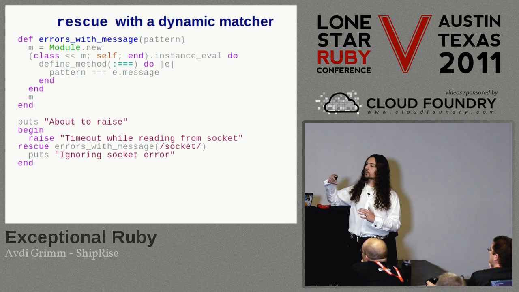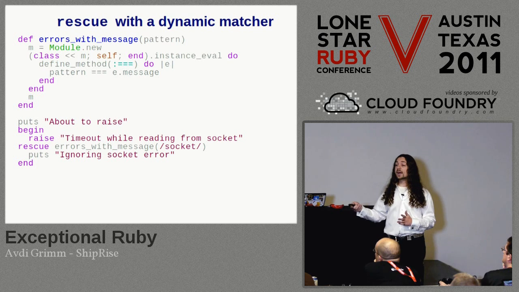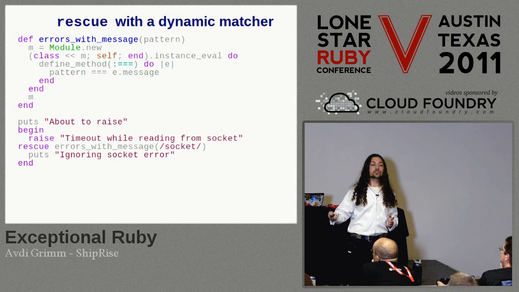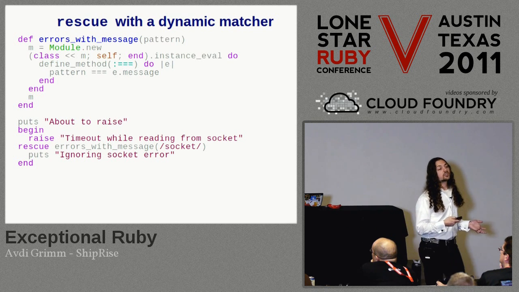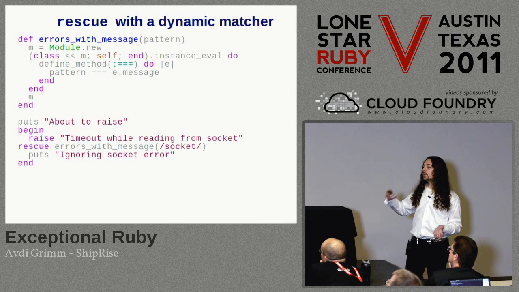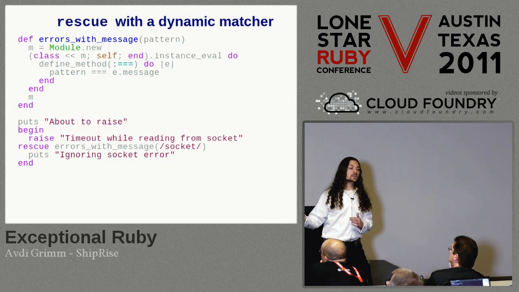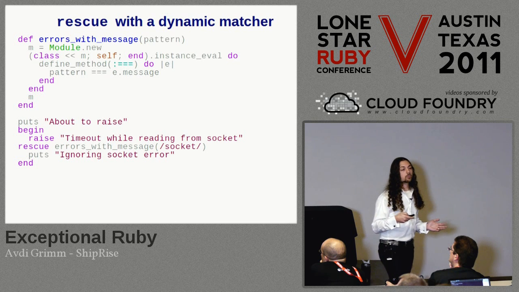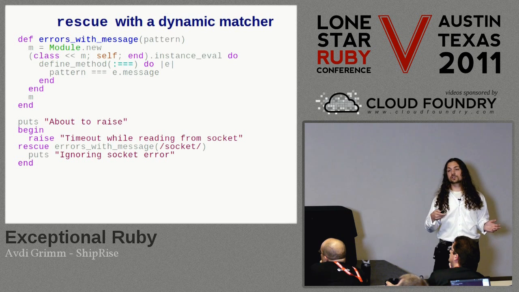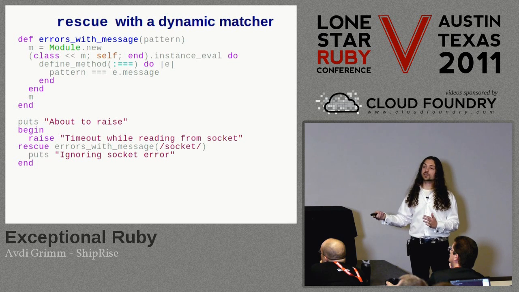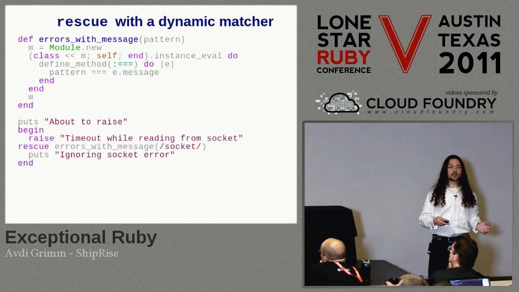The way it's actually matching those exceptions is it's using the triple equals operator the same way case does. So knowing this, we could define our own exception matcher objects that define their own triple equals operators to match arbitrary aspects of the exception other than their class.